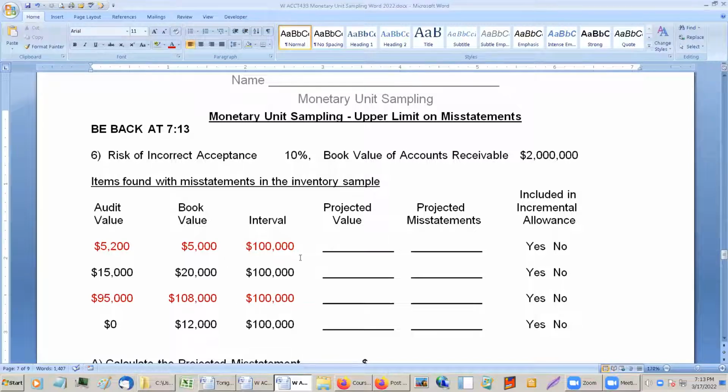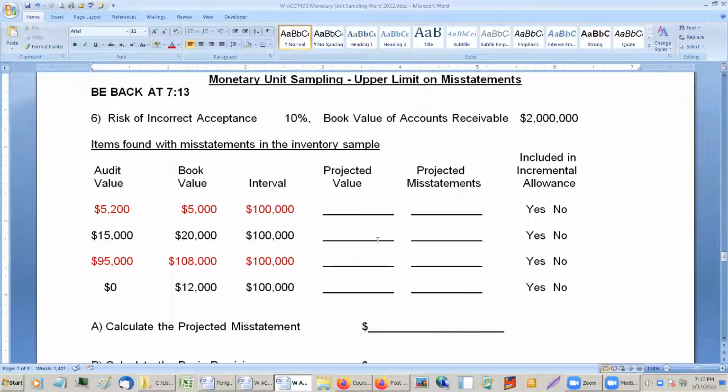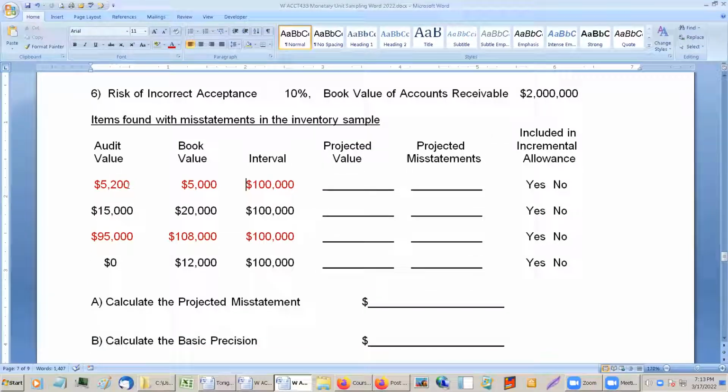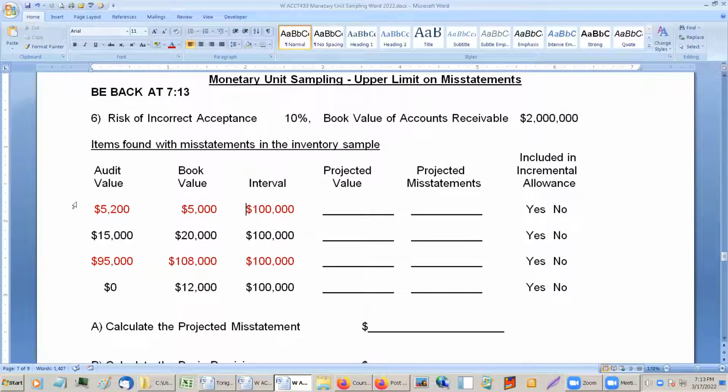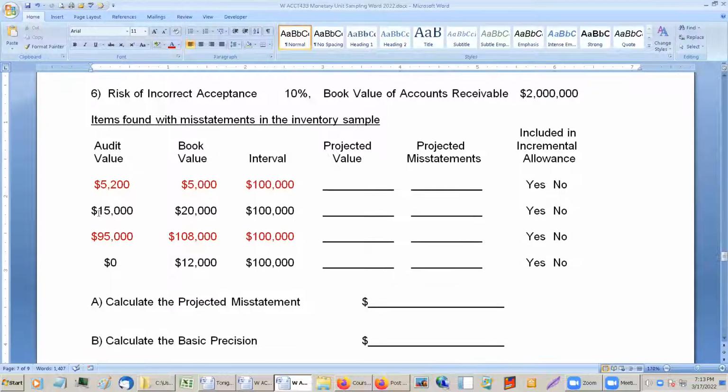Okay, let's go ahead and get started. Okay, the first one here. What is the projected misstatement?